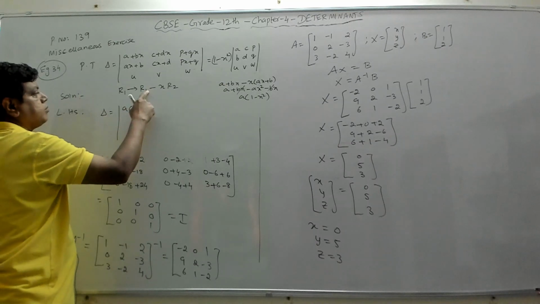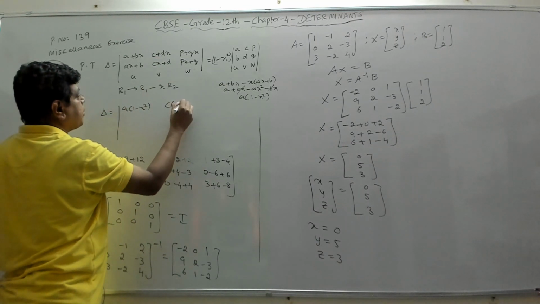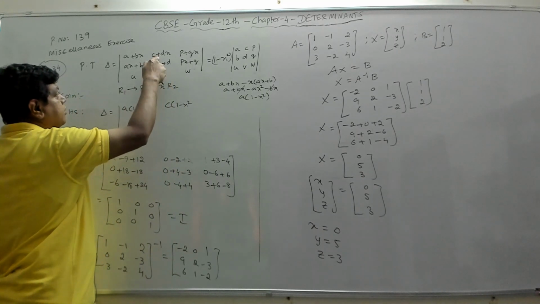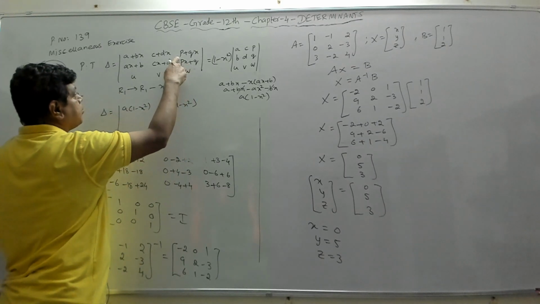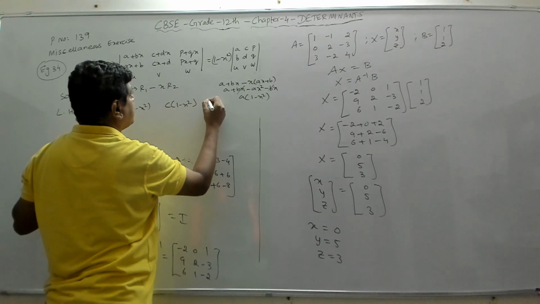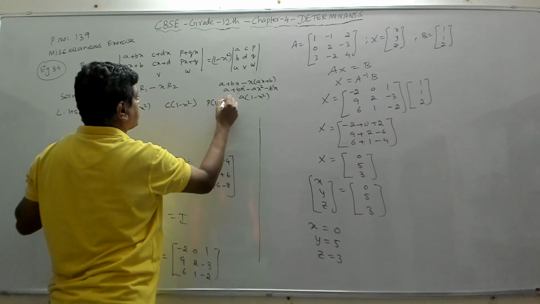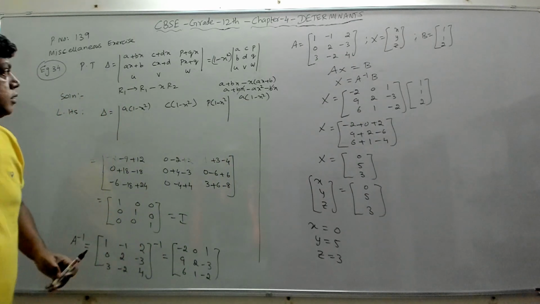If you do this, R1 minus x times R2, similarly this will become c into 1 minus x square, and this minus x into this will give you p into 1 minus x square. Fine, this is your rough work.